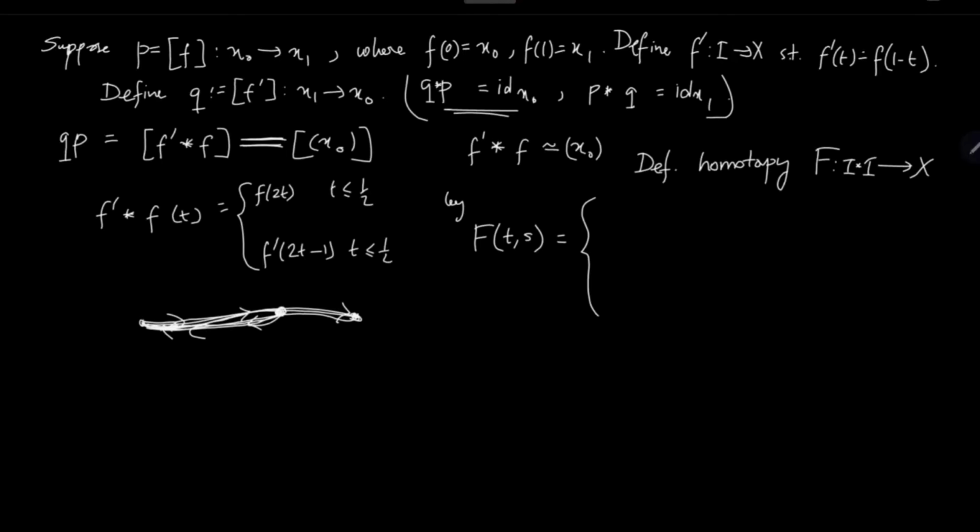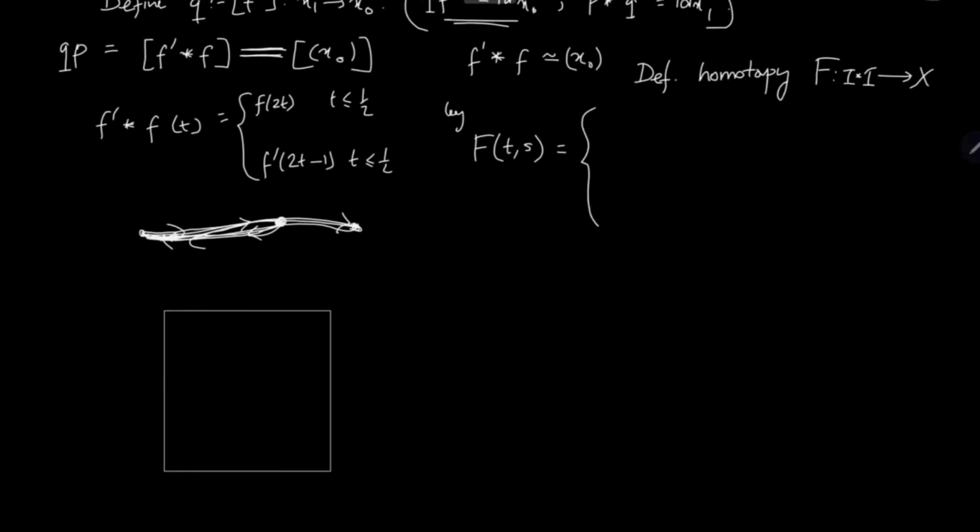Suppose s is like this. Okay, just wait a second. We draw the square of the homotopy.